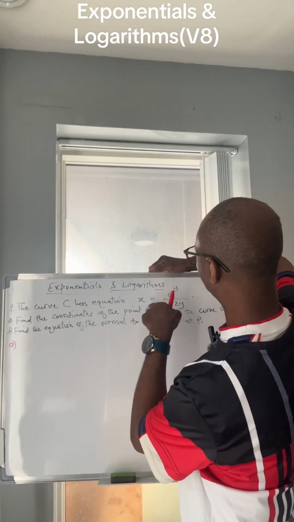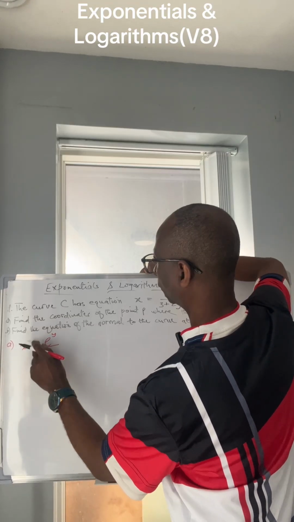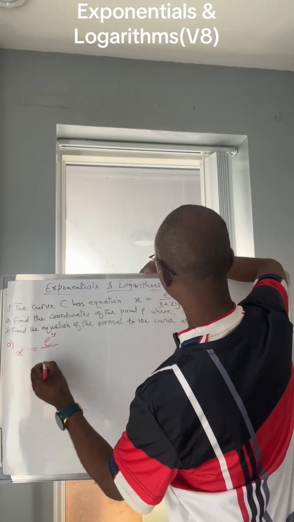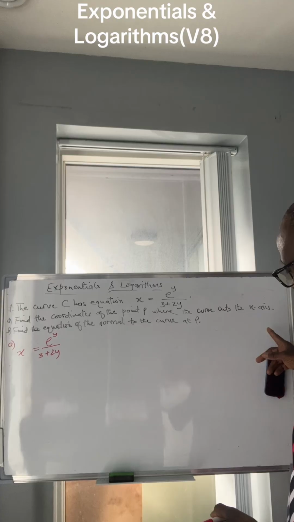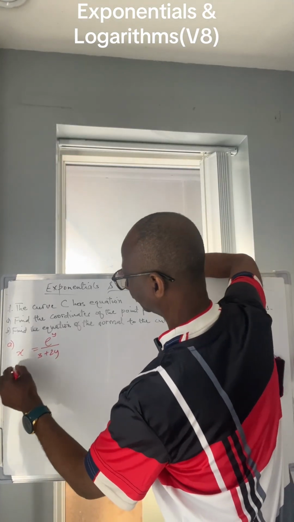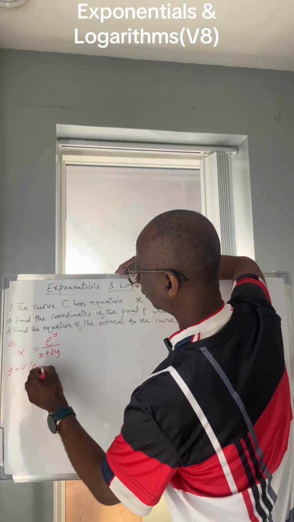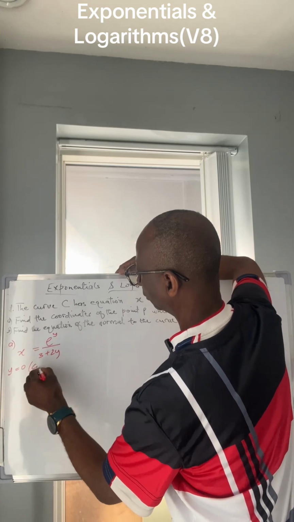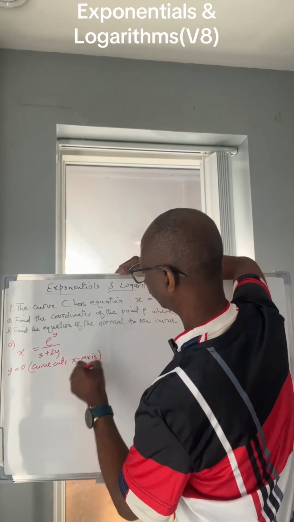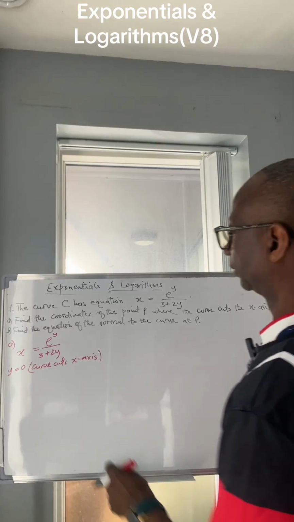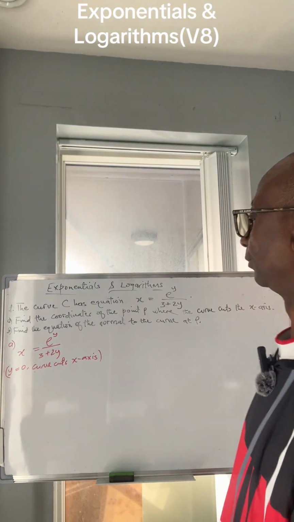So if you have this curve, the equation of the curve as x equals e raised to the y divided by 3 plus 2y, where the curve cuts the x-axis, y is 0. Put a comma here.